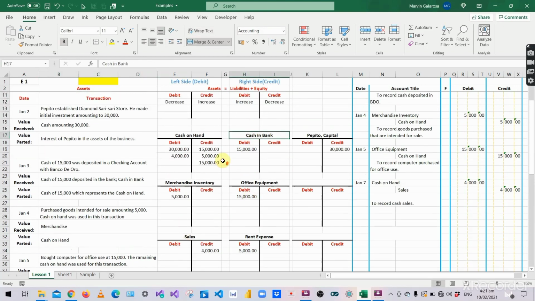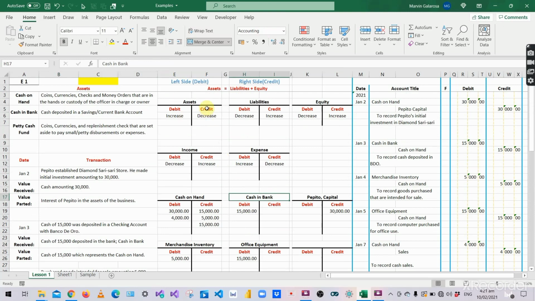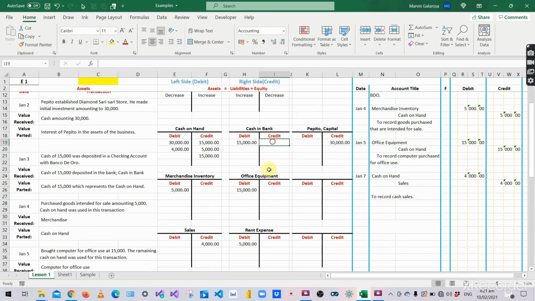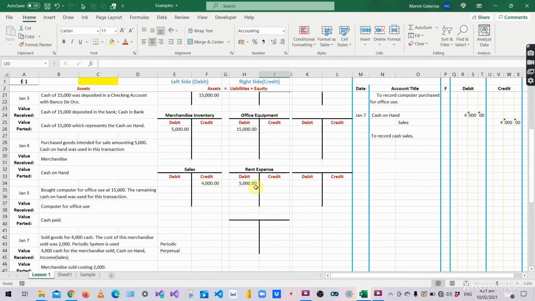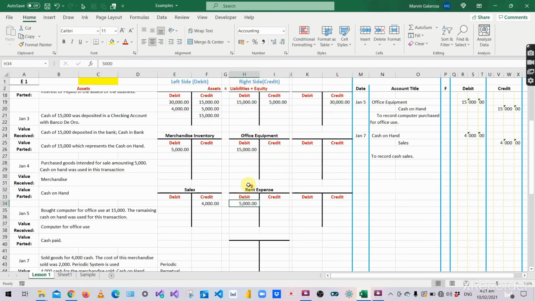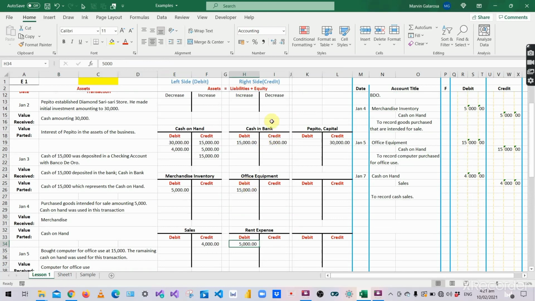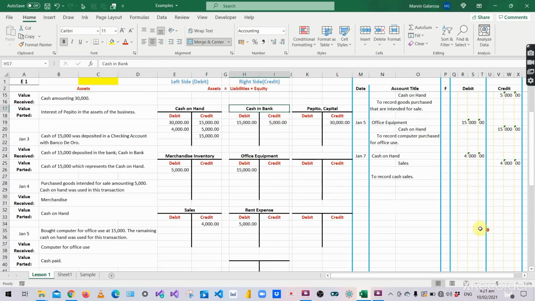Si cash in bank ay isang asset and ang decrease or bawas sa asset recorded sa credit side. So, lagay natin yung 5,000 pesos under ng credit side ng cash in bank. So, meron na tayong entry, debit ng rent expense, saka credit ng cash in bank.